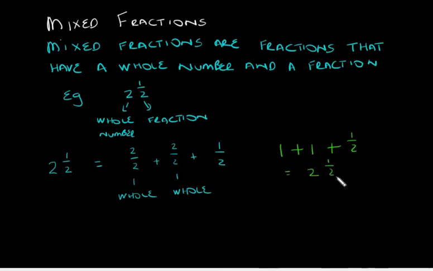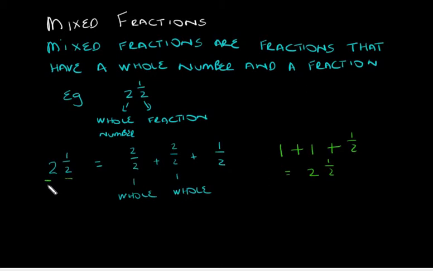That's correct. So how would we go about converting this mixed fraction to an improper fraction? How many wholes did we have? 2. And the fraction is divided into 2.